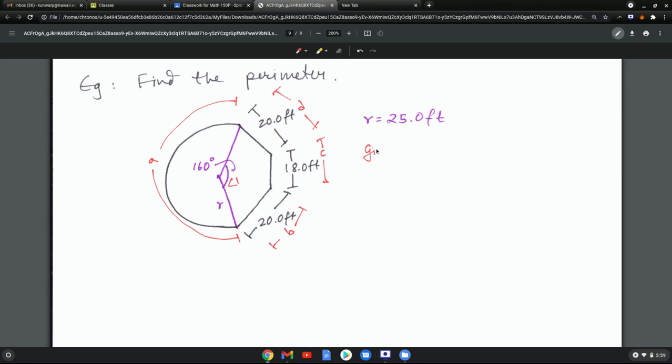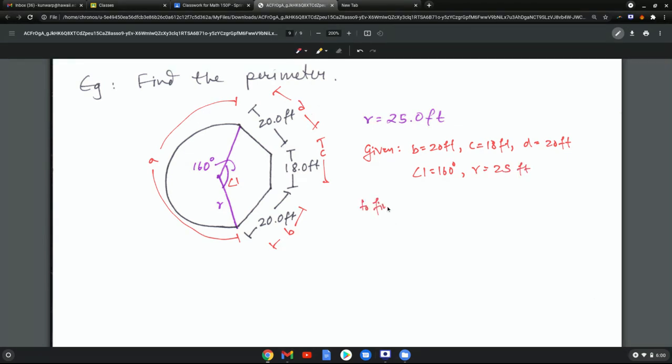So what's given to me is that B is 20 feet, C is 18 feet, D is 20 feet. Additionally, that angle 1 is 160 degrees and the radius is 25 feet.